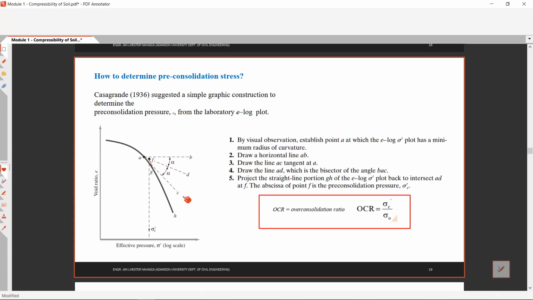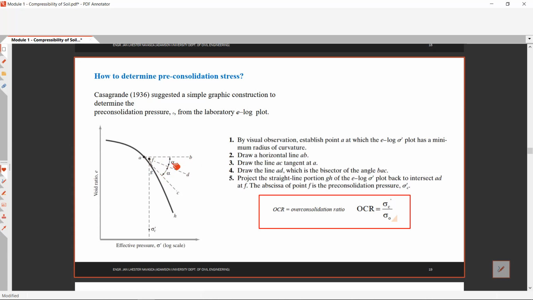That is AC. Then draw a line bisecting the angle between lines AB and AC. Drawing ka diyan sa gitna nila. That is line AD, so equal yung angle alpha, alpha.